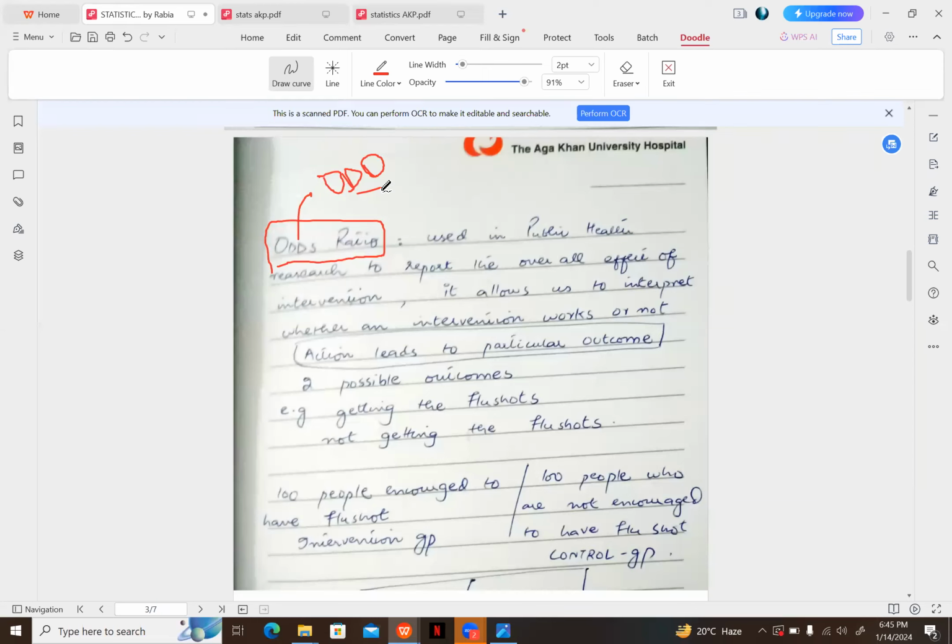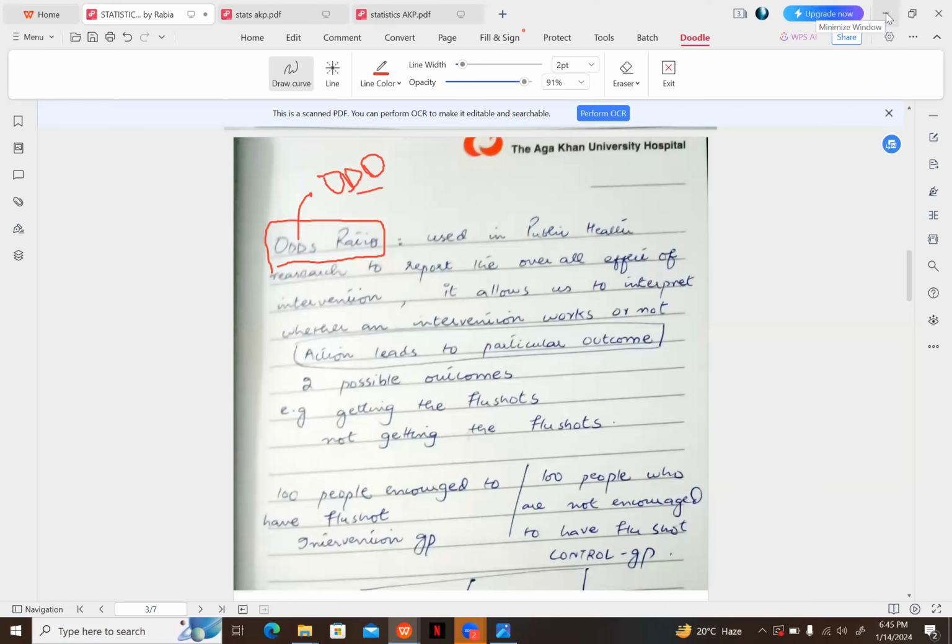If the odds ratio is equal to 1, it means no association between the intervention and the disease, or risk factor and the disease. Odds ratio and relative risk are almost the same thing, but one is used in cohort studies and one is used in case control studies.